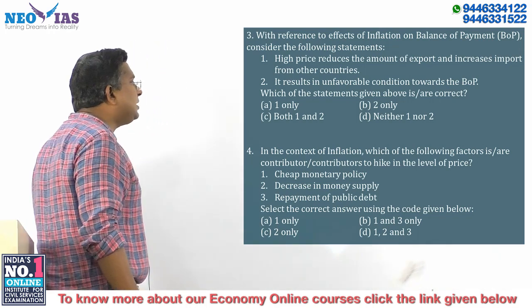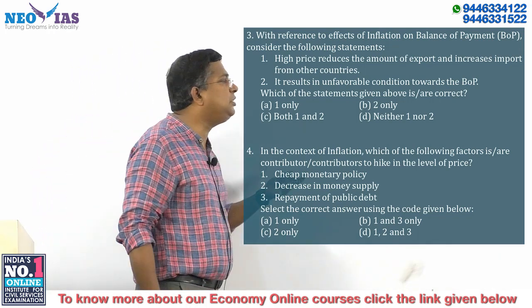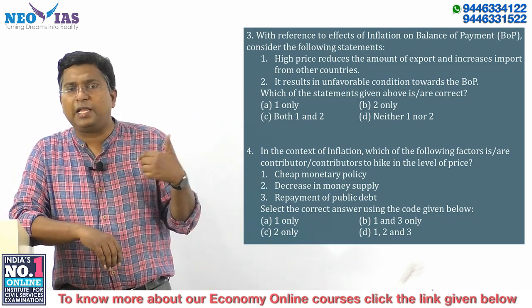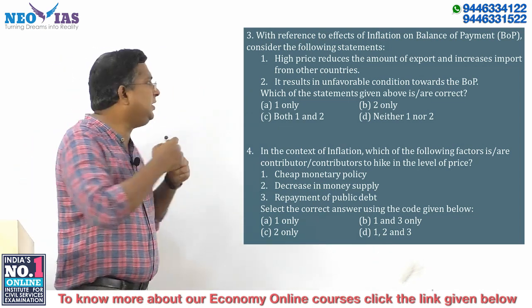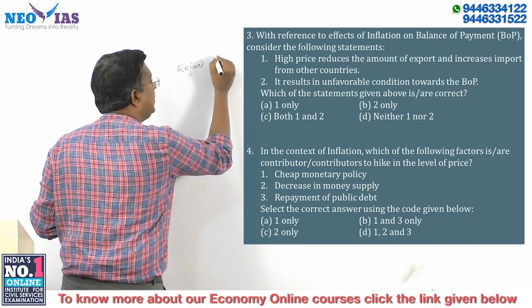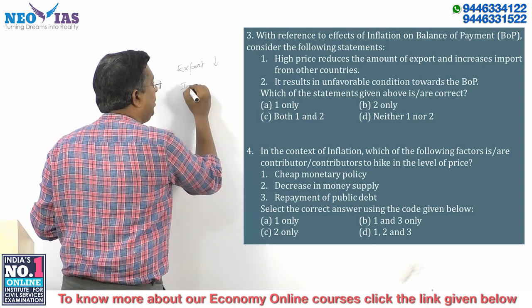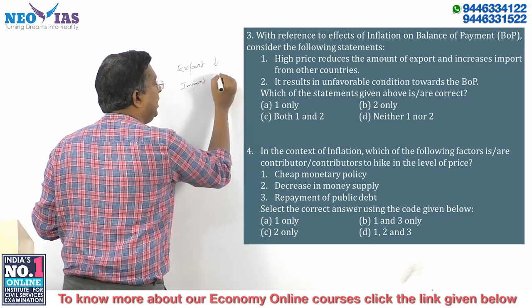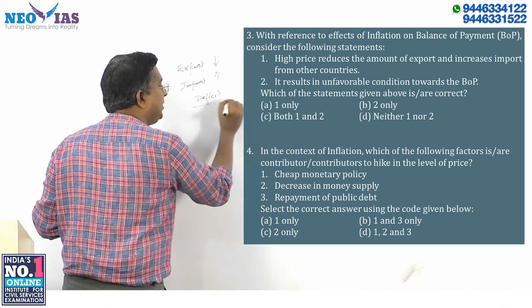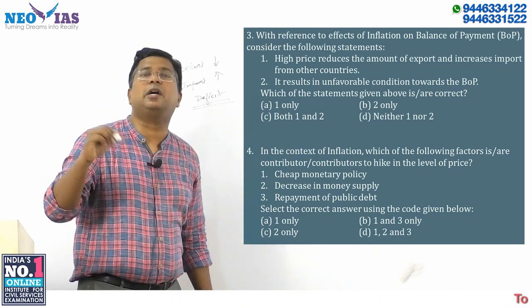Then it results in an unfavorable condition towards the balance of payment. What happens when export is low and import is high? It will result in a deficit, a trade deficit, a current account deficit.